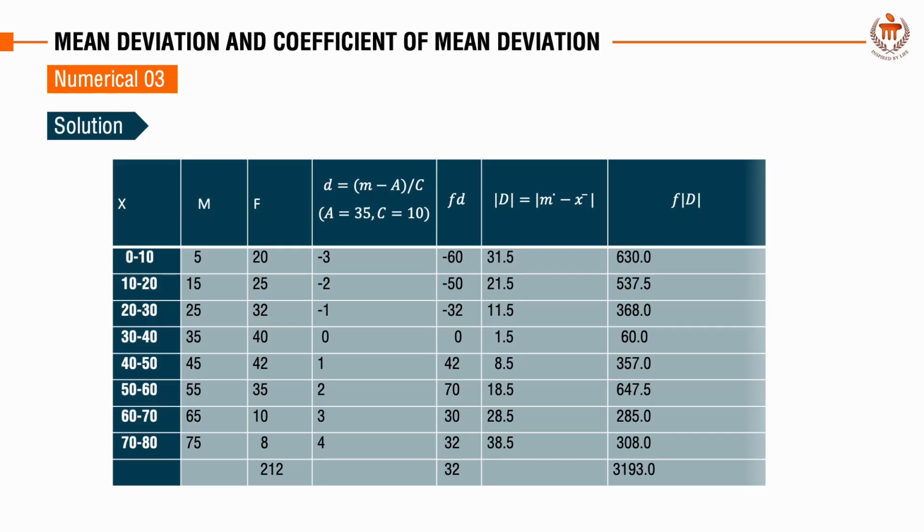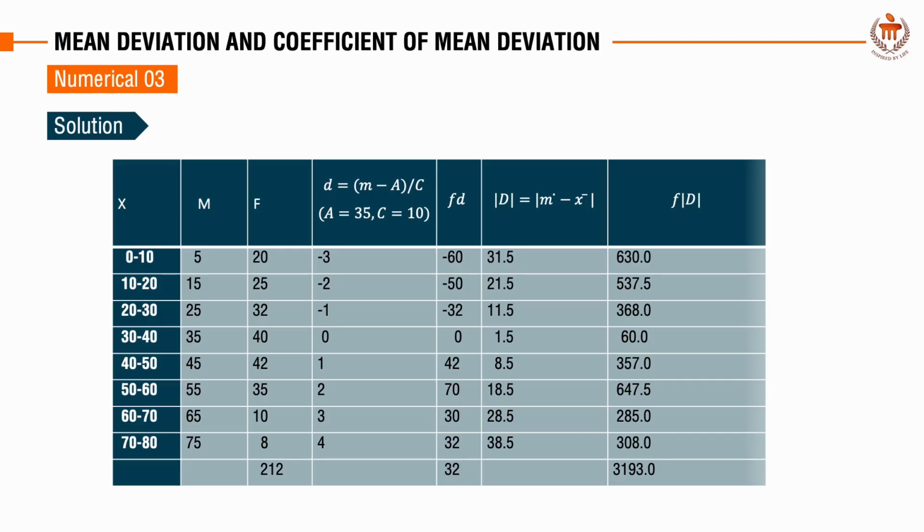If you are applying the step deviation formula, then we use, for each individual x value, the m value minus an arbitrary value, divided by c. C is the class width. So here c would be 10. The arbitrary value I considered for m is 35.